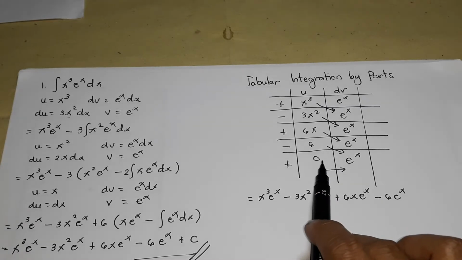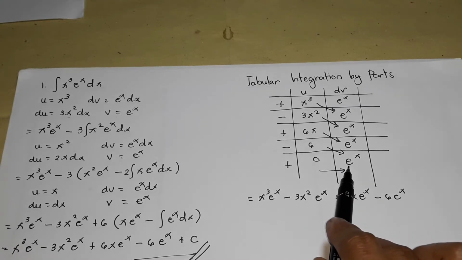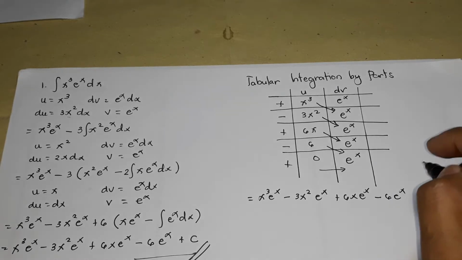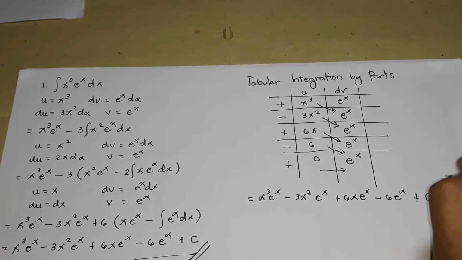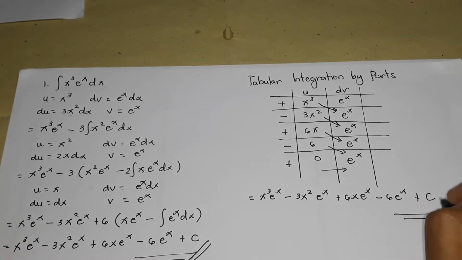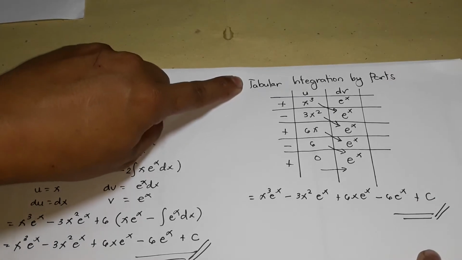We all know that 0 times a function e to the x is 0, and the integral of 0 is a constant c. So this is the answer by using the tabular integration by parts.